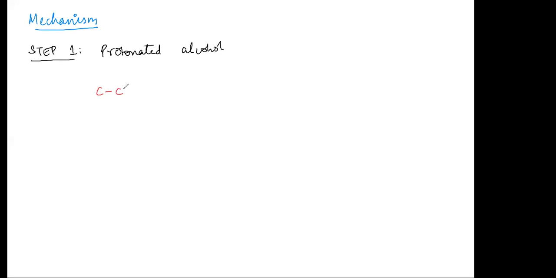So you take an alcohol, OH, यहाँ पे एक H होगा, plus H plus. So O has a lone pair of electrons. So this electron will get attracted to the positive charge, leading to the protonation of alcohol. Protonation matlab proton getting added to the alcohol. So you get OH2 plus and everything else remains as it is.